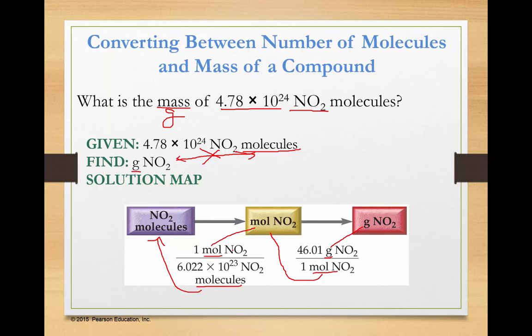Now if you look at this, you'll notice a pattern. When I'm going from one thing to the other, whatever I'm starting with is in the denominator. I'm trying to get rid of it. Whatever I'm trying to get to is in the numerator. That's the unit I'm trying to get to. So again, I'm calling you back to that dimensional analysis. If you don't need dimensional analysis to see what's going on, that's fine. You can work the problems, but it's a really good idea to write it down that way just to show the flow of those units.